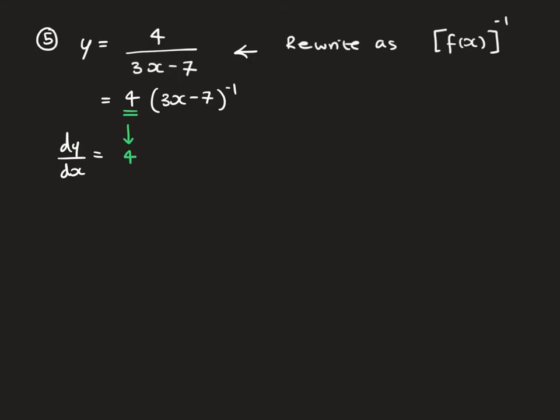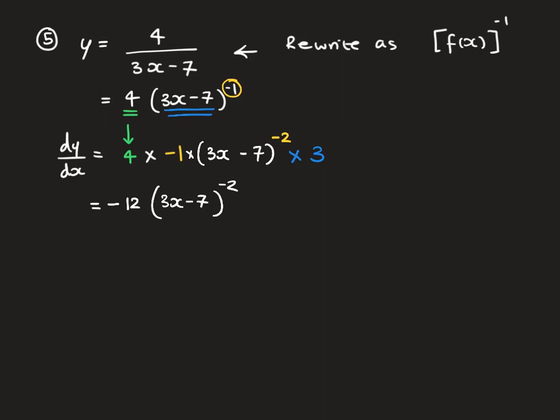We want to multiply by the power, which is negative 1. We want to reduce the power by 1, which becomes negative 2, and we want to multiply by the derivative of the inner function. Differentiating 3x minus 7 gives us 3. So what do we have as a final answer? Negative 12, 3x minus 7, all to the power of negative 2.